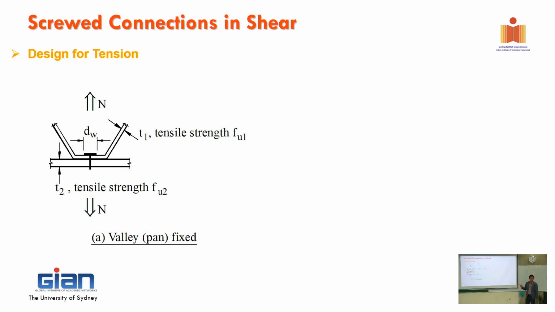Now, these are different as well. So we need to design for tension. So what I draw in here, you see that is part of the decking, the roof sheeting on top.